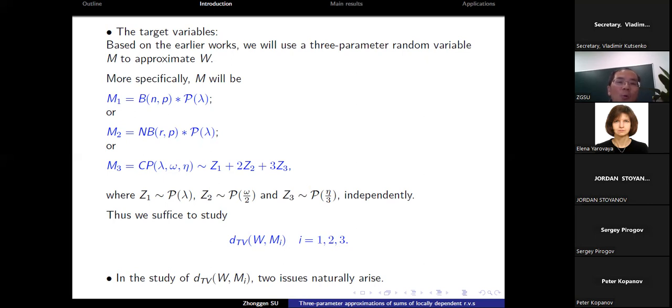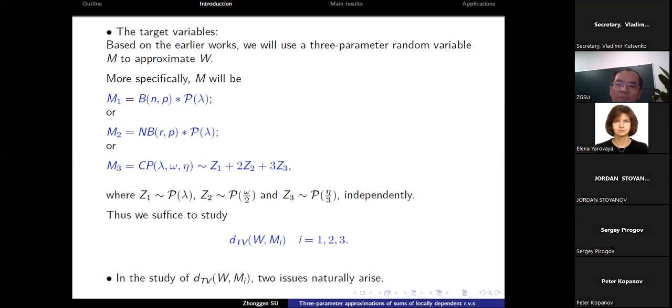For example, M1 actually is the sum of an independent Bernoulli random variable and Poisson random variable. Okay, thank you.